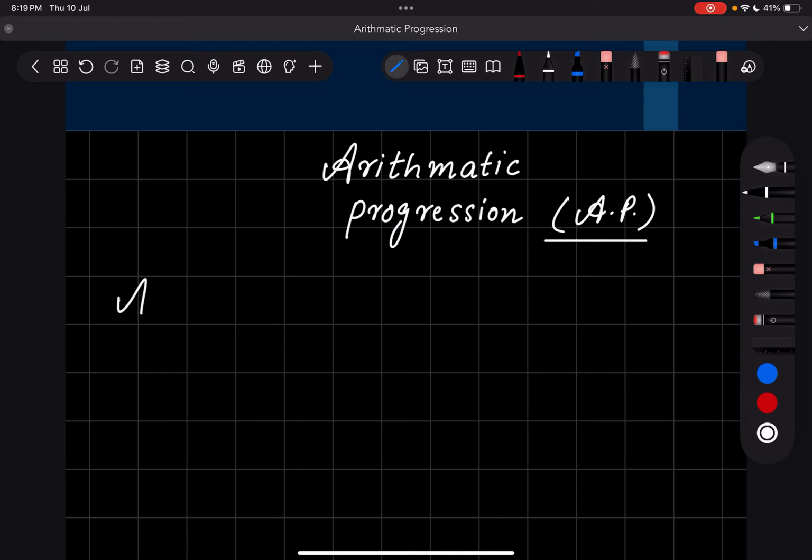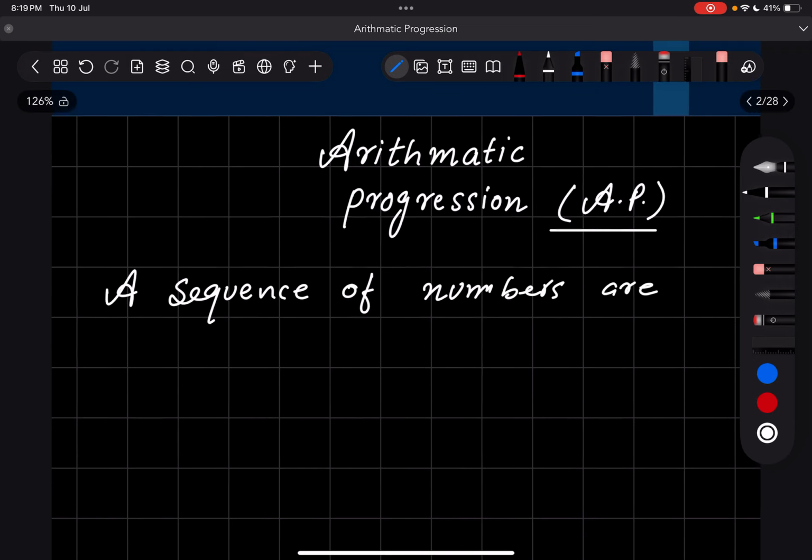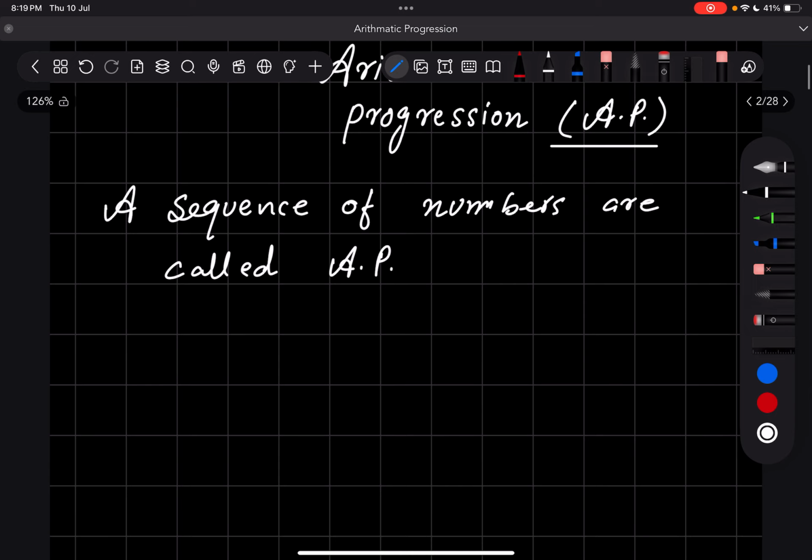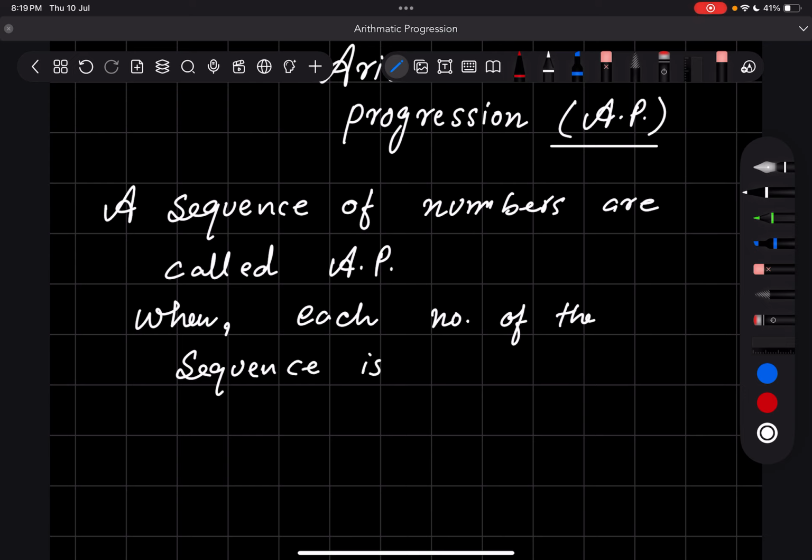So a sequence of numbers is called an arithmetic progression when each number of the sequence is at a common difference from the preceding number.